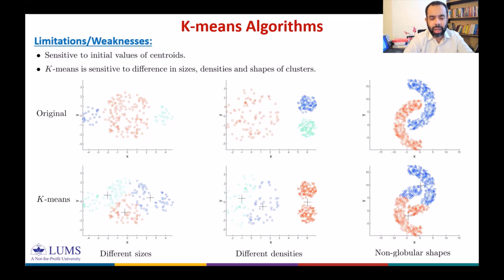These three cases can be handled with one simple solution, and that is to start with more clusters. Say if you run this for k equal to 10, for example, there is a possibility that you will have small clusters and small centroids.